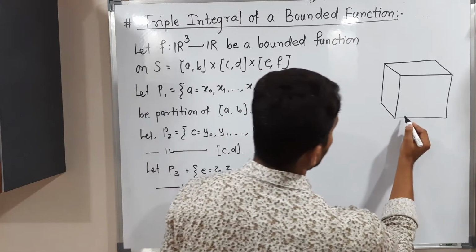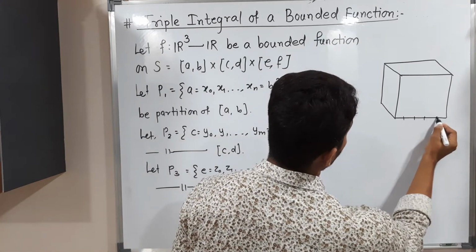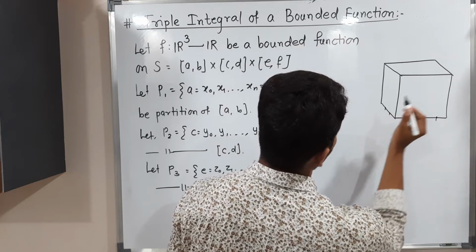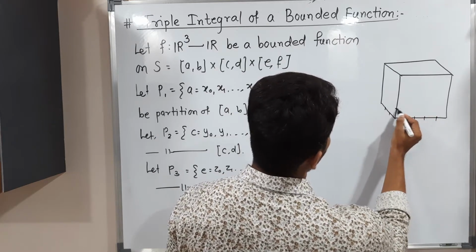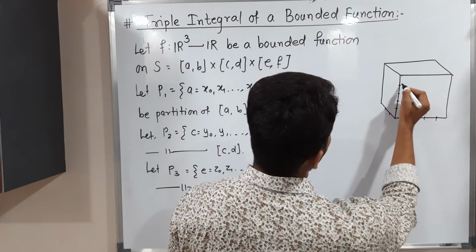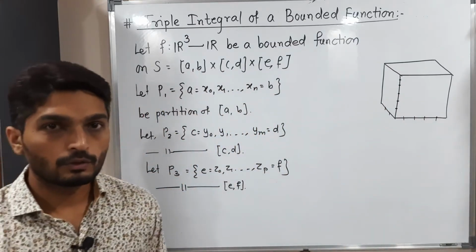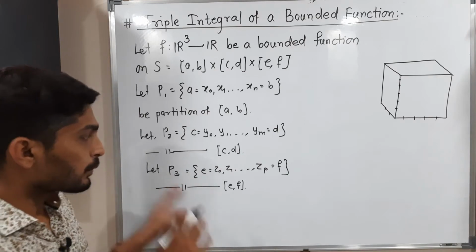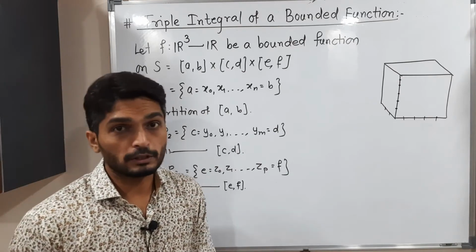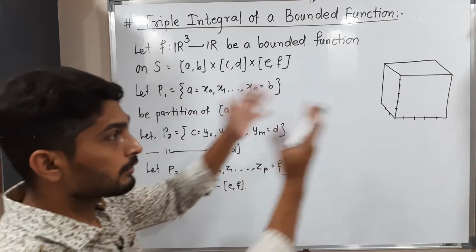So that means we have taken a partition of AB first, right? After that we took a partition of CD, after that a partition of EF. In this way we took partitions. Okay, so we will take the product of all partitions, so we will have an actual partition of that cuboid.